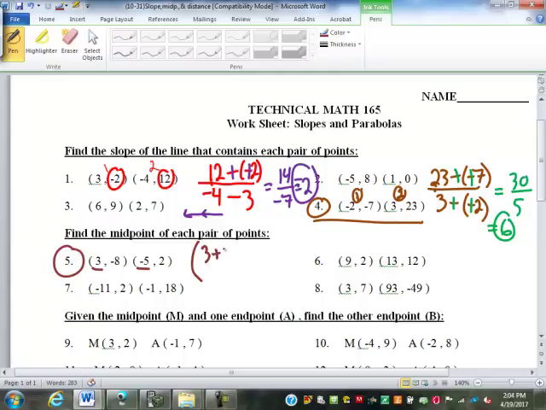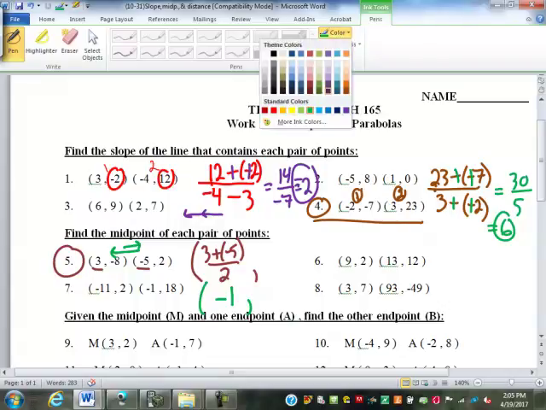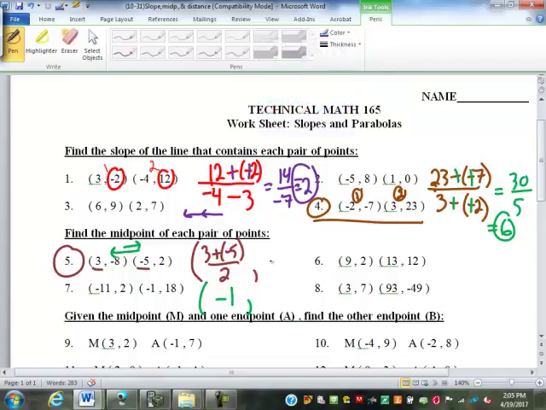So it'll be 3 plus a negative 5 divided by 2. What is 3 plus negative 5? Negative 2, and negative 2 divided by 2? Negative 1. Good.